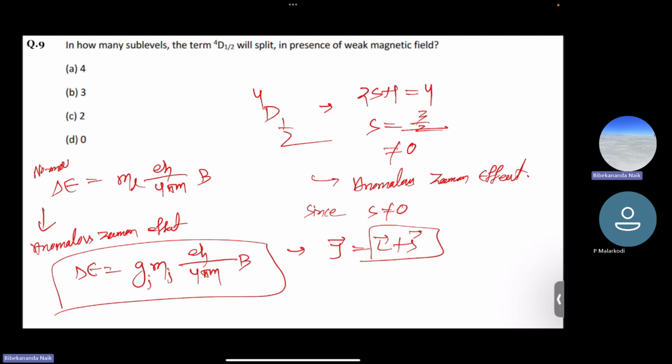So how many levels it will split into will depend upon the value of mj and the value of gj.